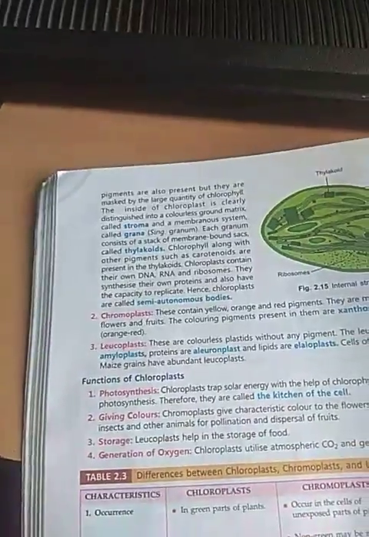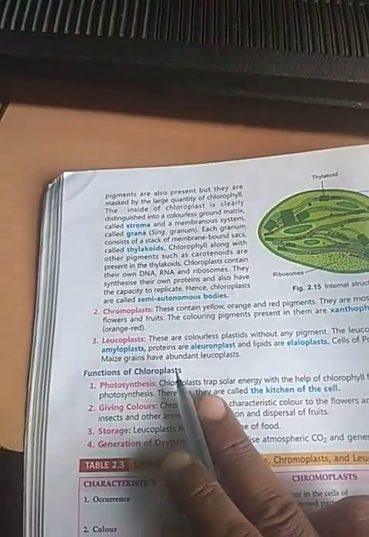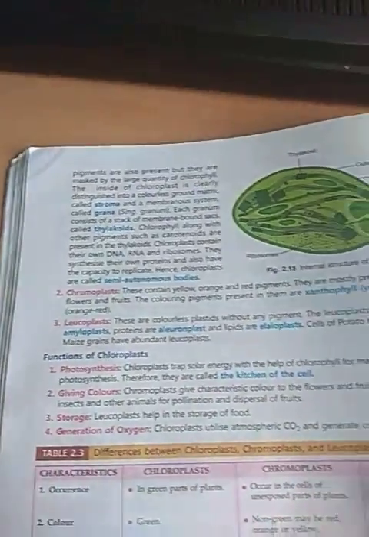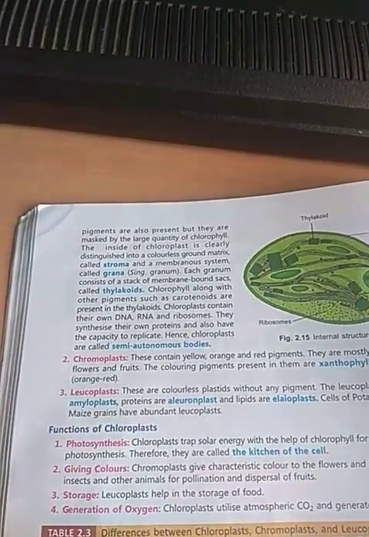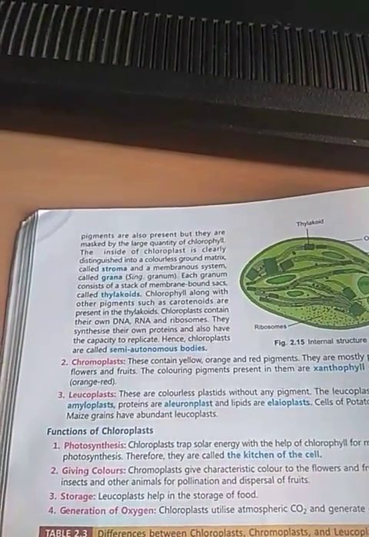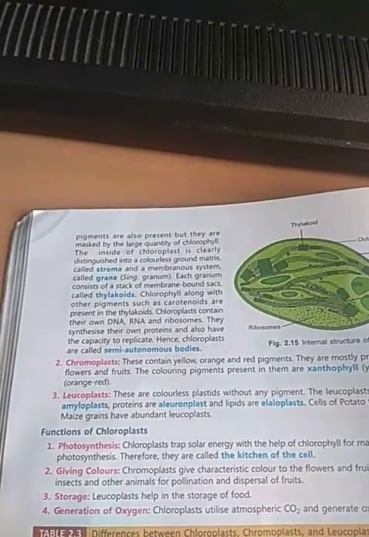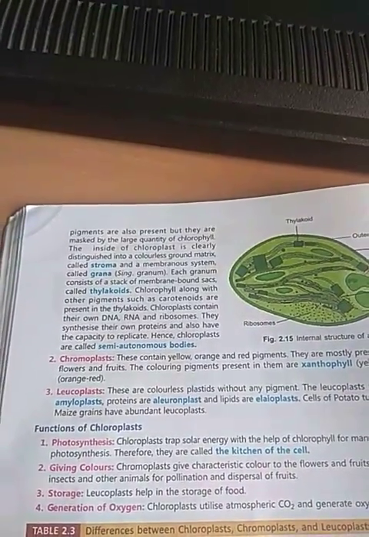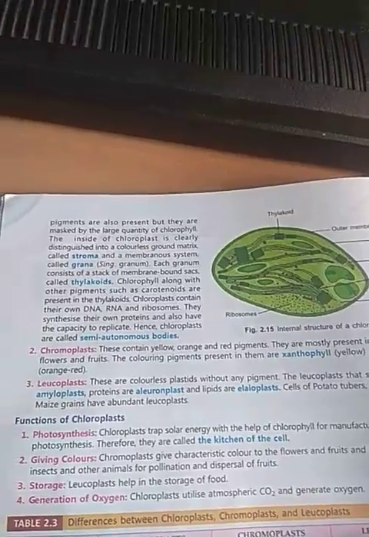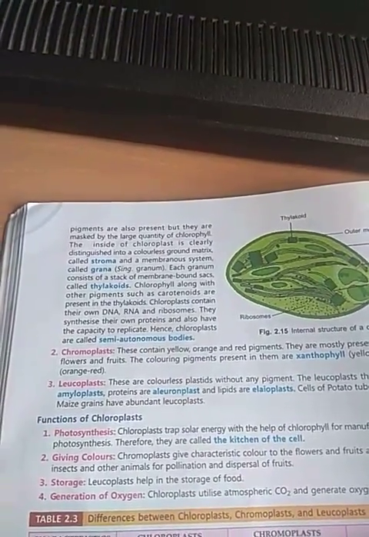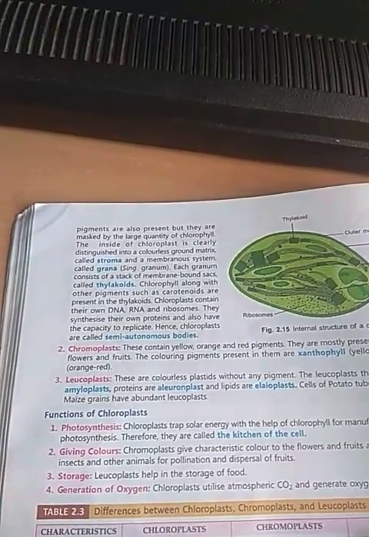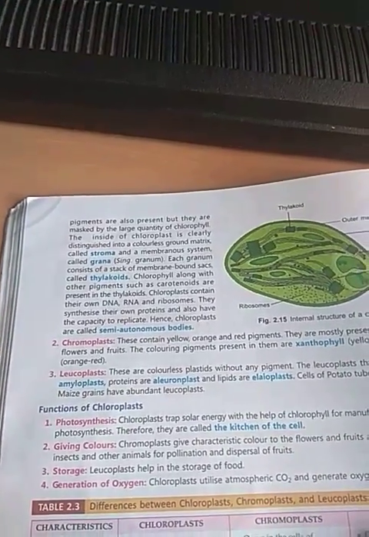Now, finally, we will study the functions of chloroplast. What are the important functions of chloroplast? First is photosynthesis. Chloroplast traps solar energy with the help of chlorophyll for manufacturing food material by the process of photosynthesis. So it is called the kitchen of the cell.